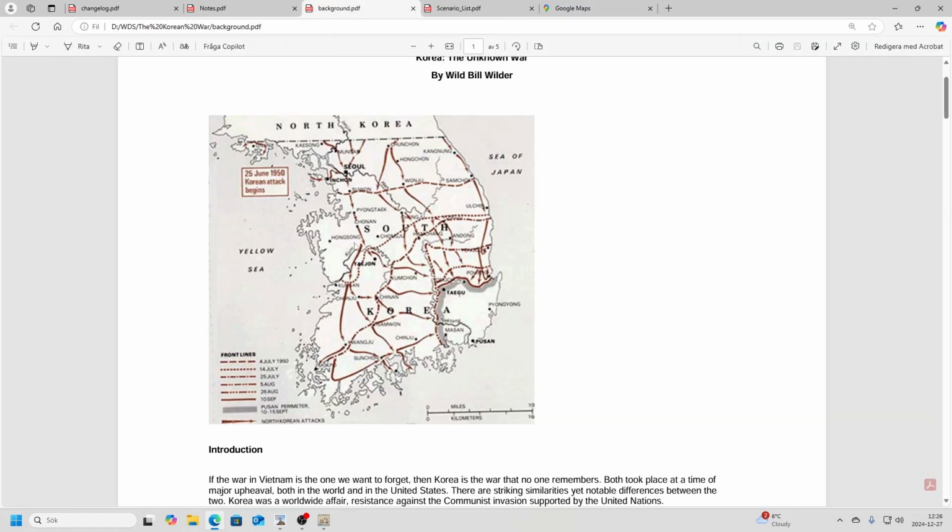Yes, so they made a stand, and they pleaded for help in the UN, and there was a UN resolution going on to send support and forces to help South Korea.